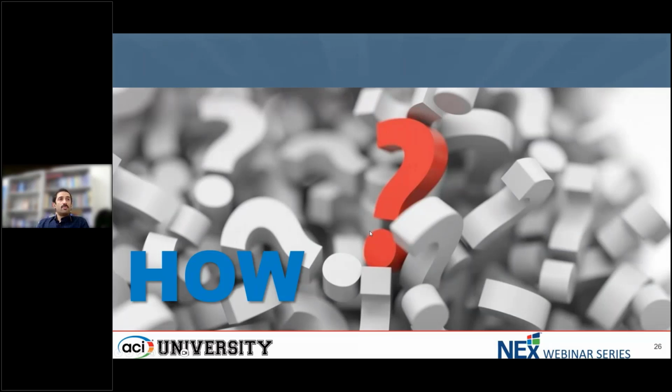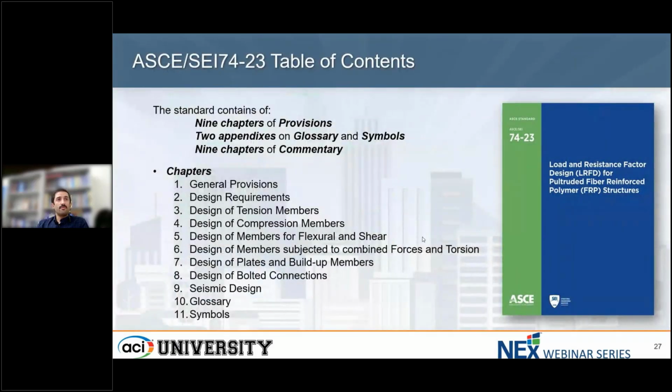Moving on to the how of FRP design, we refer to ASCE 74, which was published last year, in 2023. This standard provides a structured approach to designing FRP structural elements.